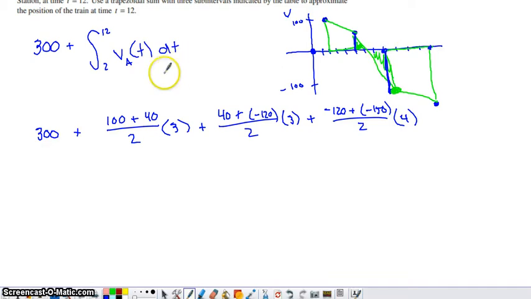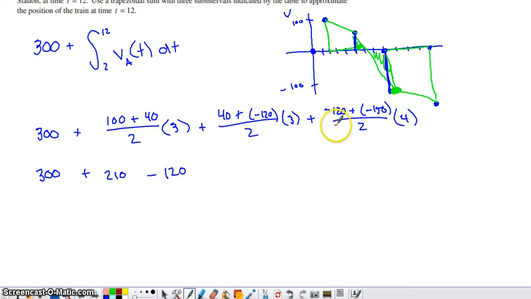So now it's just a matter of doing some arithmetic and answering appropriately. If we simplify each of these, this is going to be 140 divided by 2, so that's going to be 70 times 3. So we're looking at 300 plus 210. This is going to be negative 80 in the top. Negative 80 divided by 2 should give you negative 40. So it's going to be minus 120 on that interval.